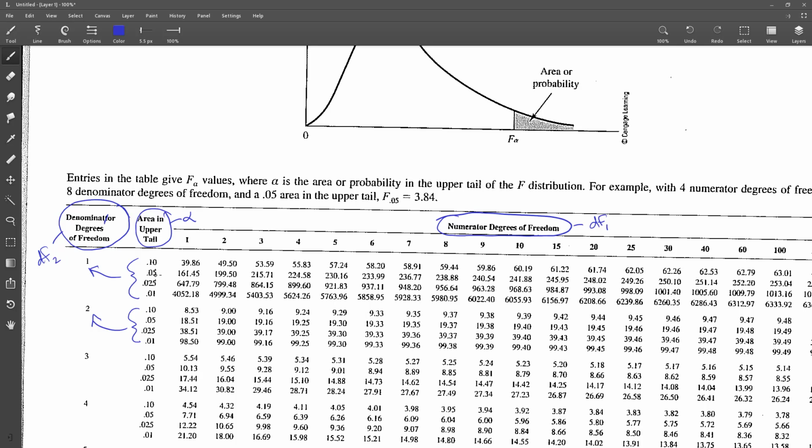Let's apply this. We had degrees of freedom 1 was 25, degrees of freedom 2 was 29, and alpha was 0.05. So what you want to do is flip forward in your F table until you get to the section for denominator degrees of freedom 29, and then go over to the column for 25, because that's your degrees of freedom 1.